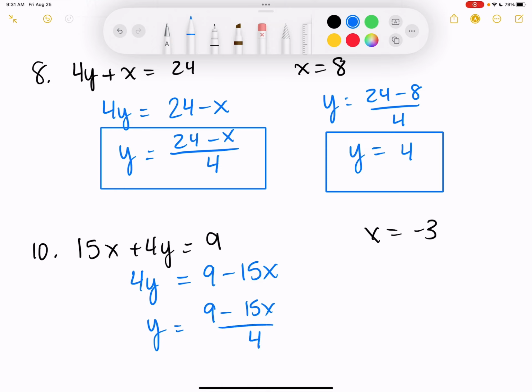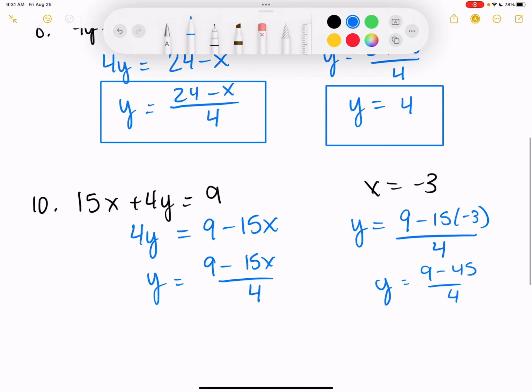Now I'm going to plug in negative 3 for x. So y equals 9 minus 15 times negative 3 over 4. It's 13 and a half.